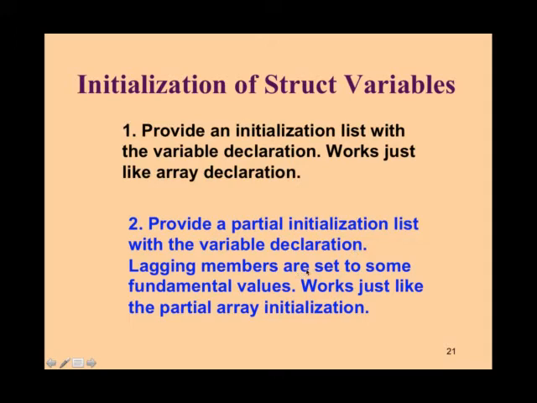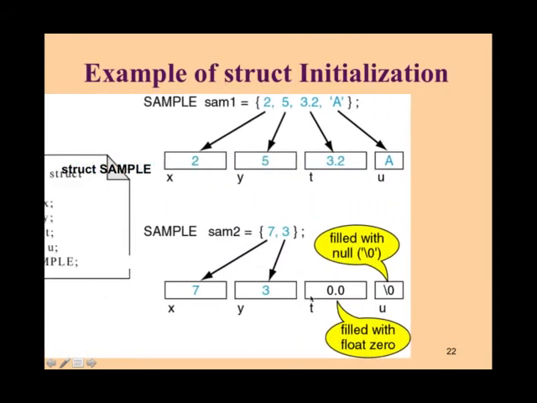From top to bottom, if you define values for 1 or 2, the lagging ones are set to some default values. It works just like partial array initialization. We are showing the example here.